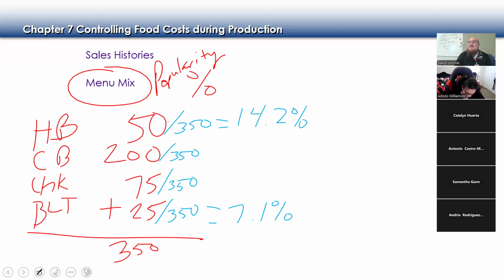What is it if it's 75? 21.3%. And now we're going to multiply this by 8. So it's going to be 0.8. Awesome. And what's 7 times 8? 56%. We all see how that works?